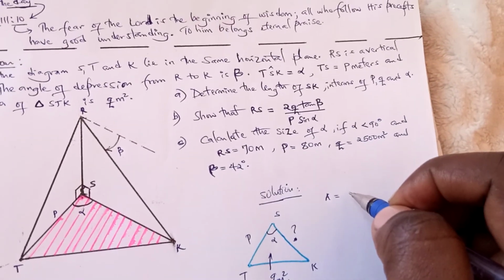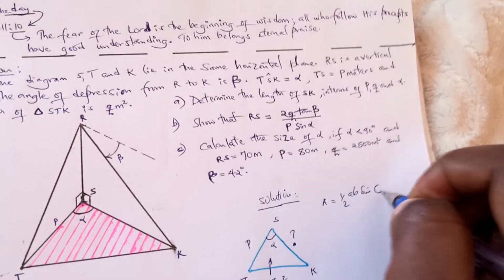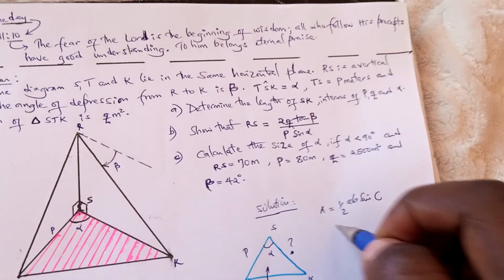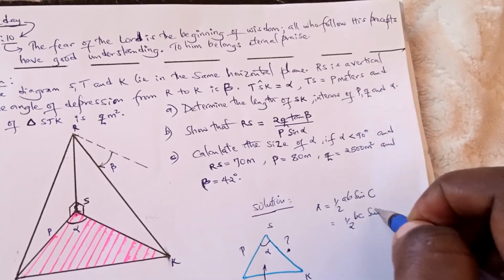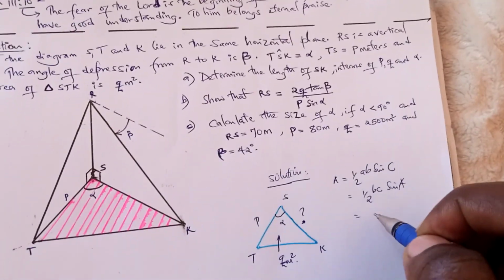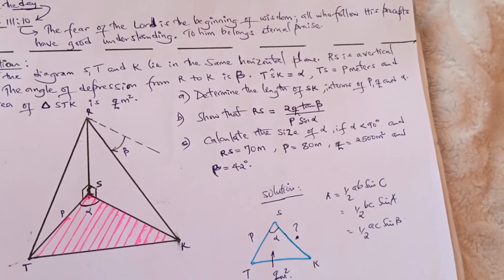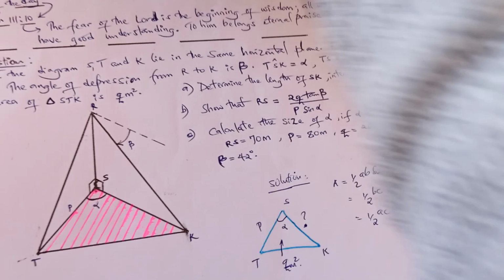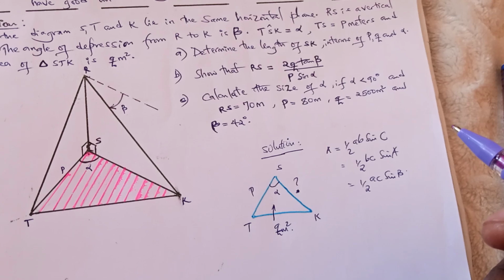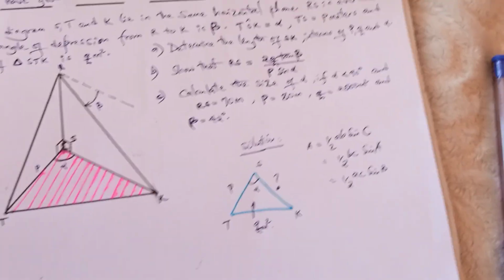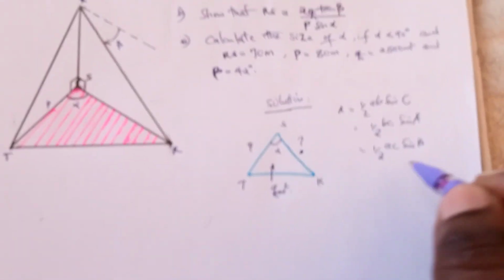The equations are: a half AB sine of angle C, which is the same as a half BC sine of angle A, and a half AC sine B. Let's look closely at how we come up with this, because these things may not be obvious to all of us. So let me show you how we come up with this.